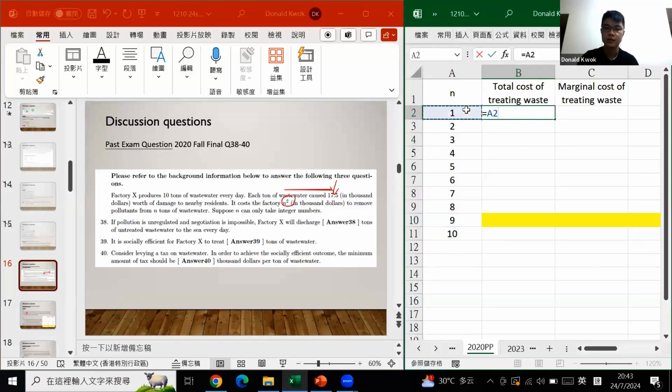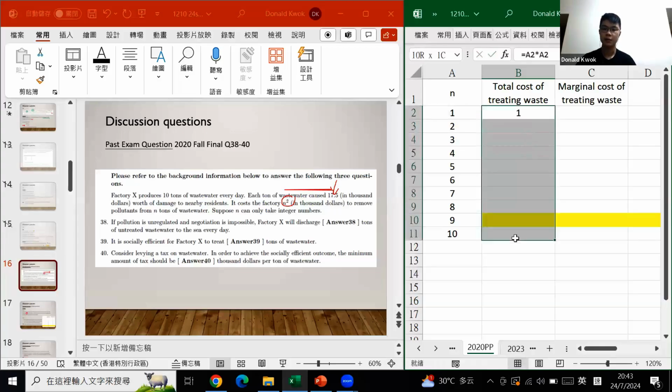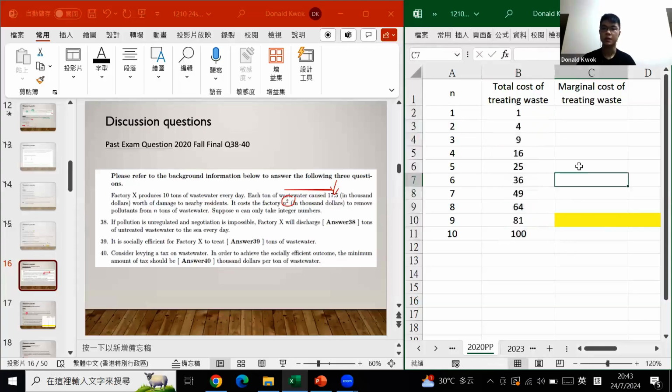So 1 times 1. Since this logic applies to all remaining cells in this column, we can use the shortcut key Control plus D for down, or just pull down to obtain the whole column. This is the total cost of treating wastewater. For the marginal cost of treating wastewater, the first unit is simply 1. From the second unit onwards, it will be the current unit minus the previous unit.